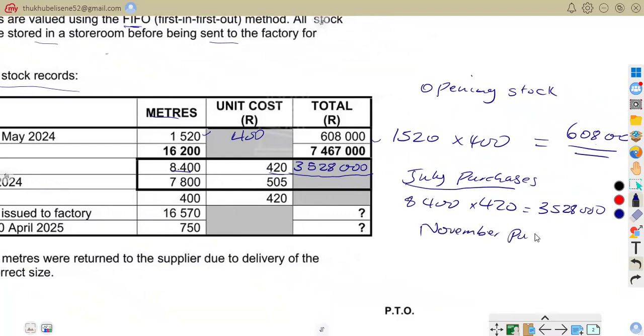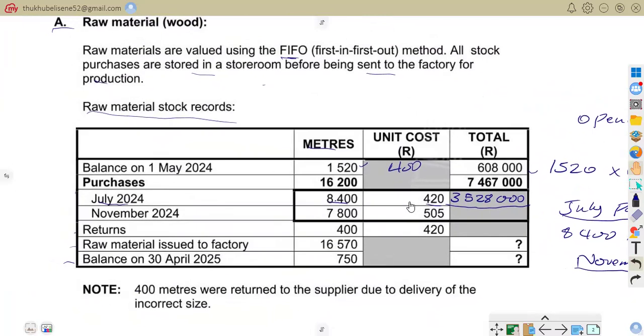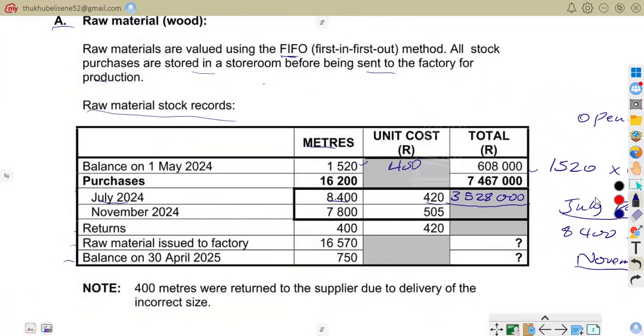So now let us go to November purchases. So now let us come to our information. As you can see, this is our November. So we have 7,800. Our unit cost is how much? 505. So we're going to say 7,800 times 505. This is going to give us 3,939,000.